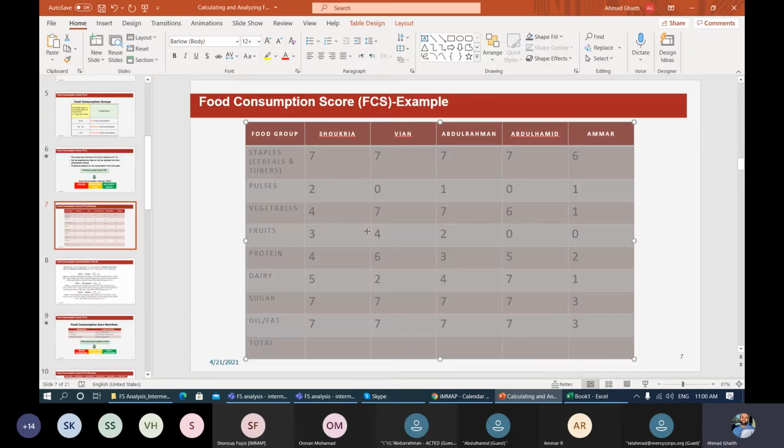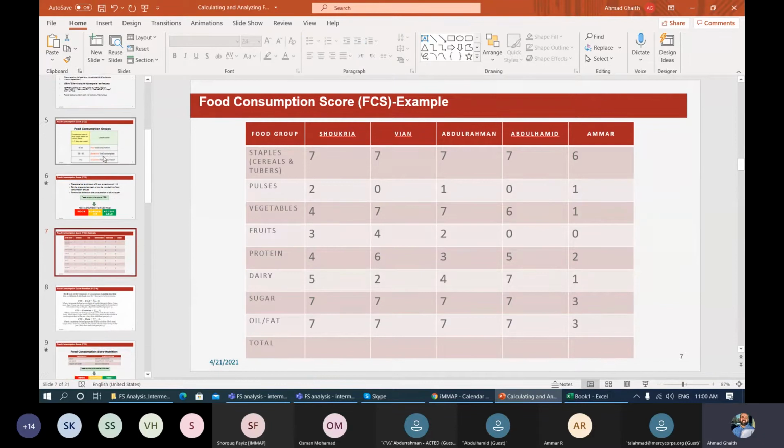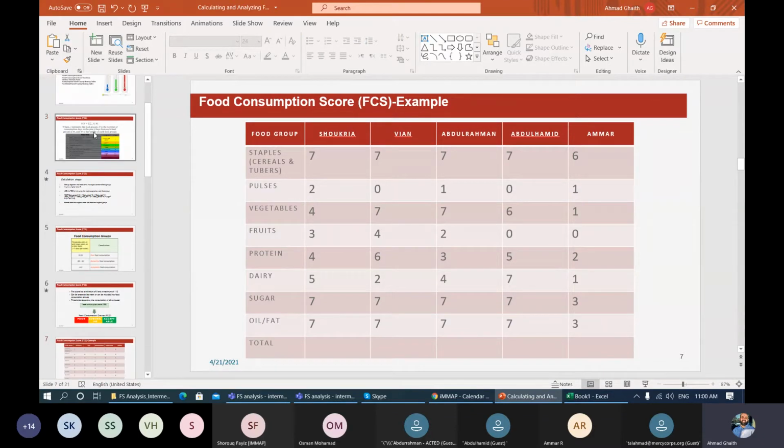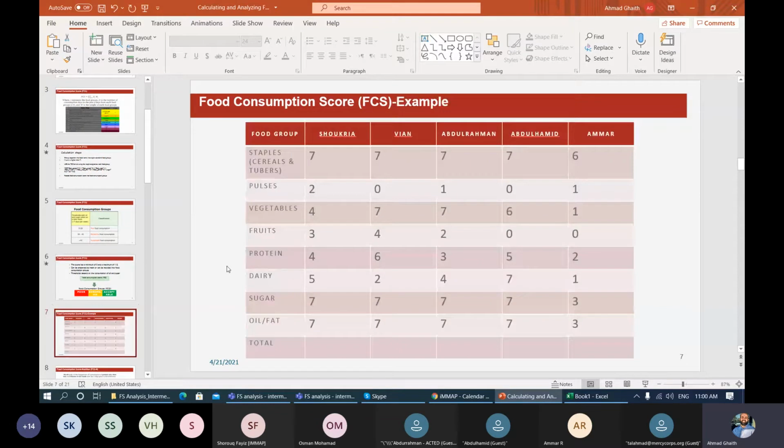So we'll do it here. If we go back to our weights, now we have the number of days in the week that we consumed certain items. It's important to remember that this is not necessarily saying how much.